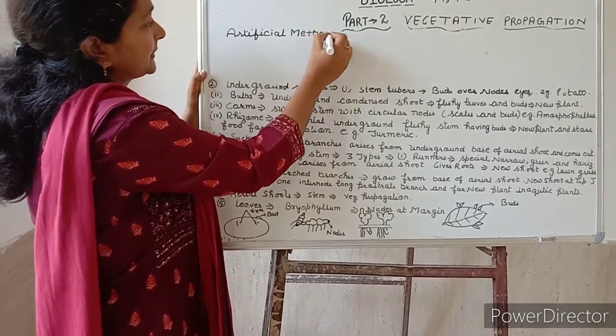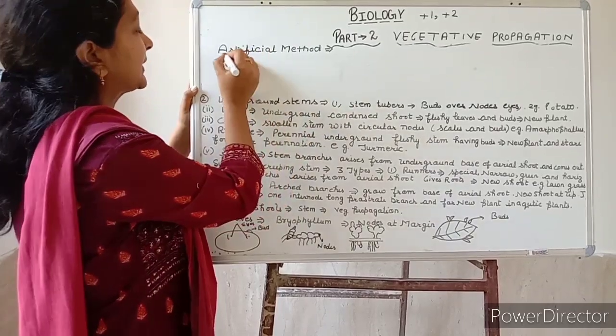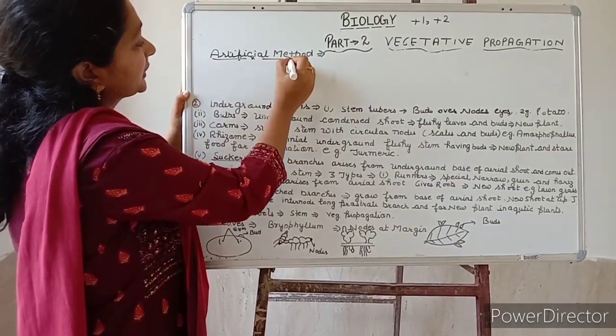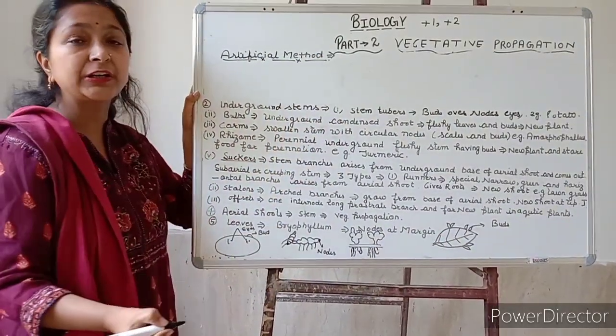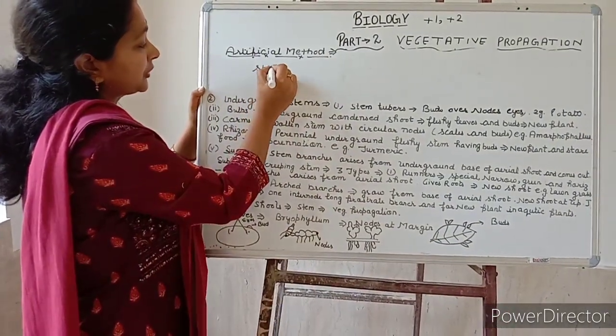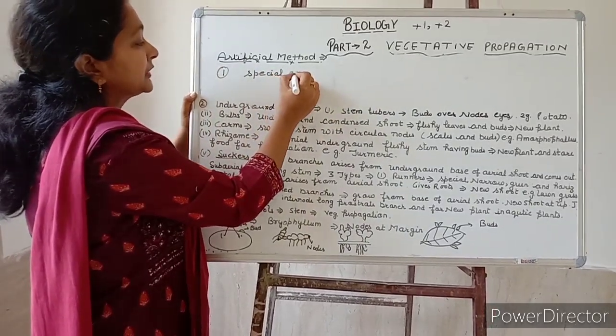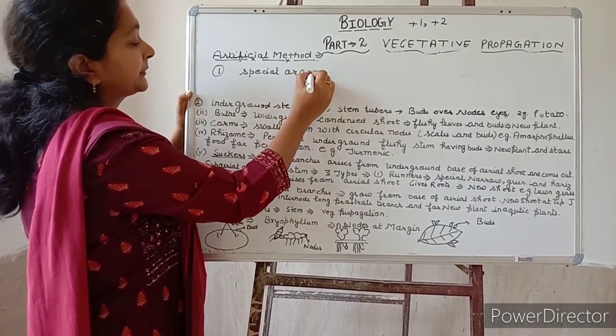Artificial methods, known as horticultural methods, are those in which man is artificially doing the propagation. And first, by use of special organs.